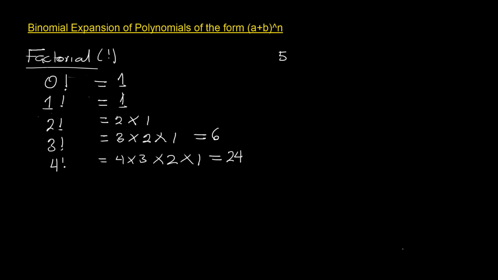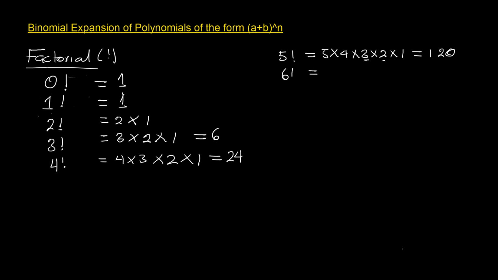The factorial of 5 is defined as 5 times 4 times 3 times 2 times 1. So this is how we define the factorial. So 5 times 4 is 20, 20 times 3 is 60, and 60 times 2 is 120. So we say the factorial of 5 is 120.